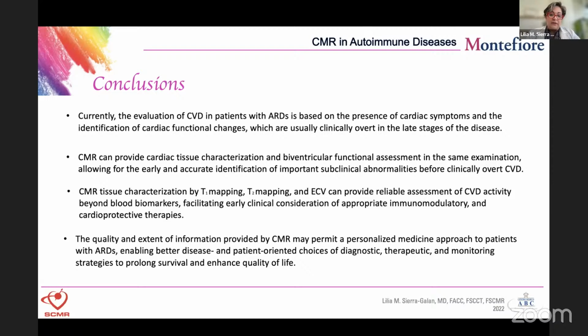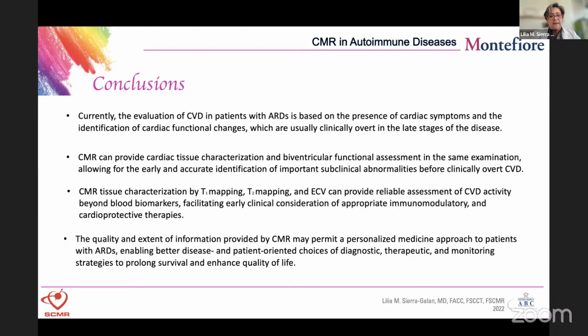CMR tissue characterization by T1 mapping, T2 mapping, and extracellular volume can provide reliable assessment of cardiovascular disease activity beyond blood biomarkers, facilitating early clinical consideration of appropriate immunomodulatory and cardioprotective therapies early and timely to the patients.